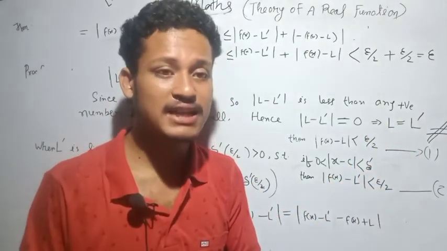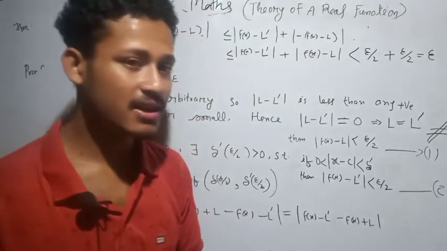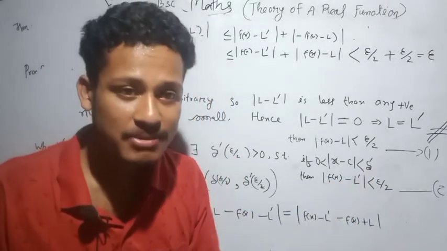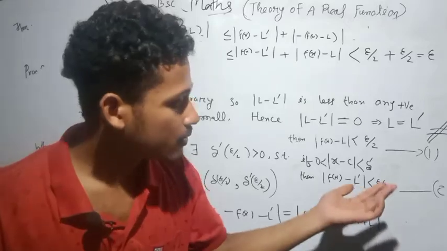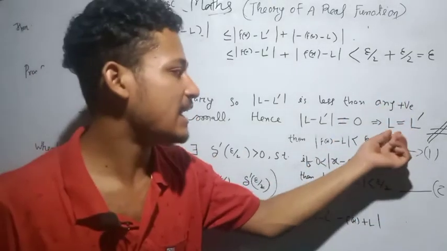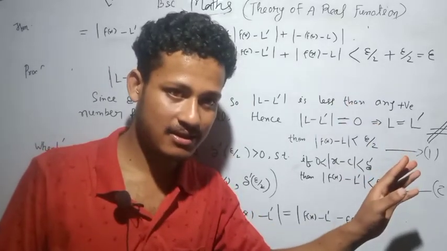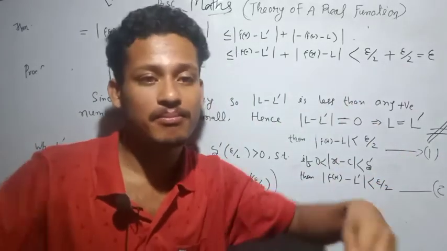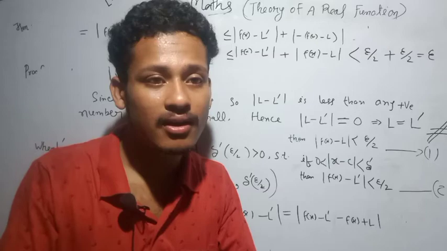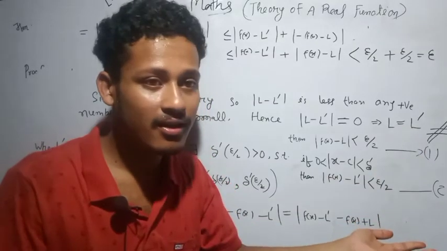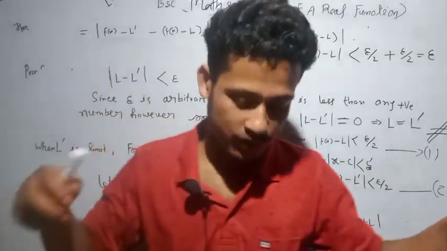What does this mean? It means the limit is unique. Whether we take L and L dash as two different limits at the point C of the function, they are both equal.